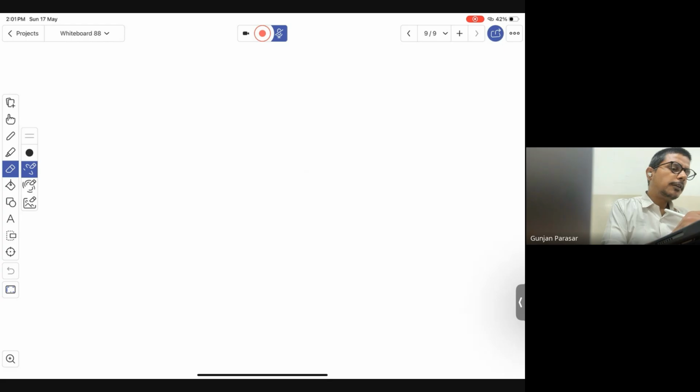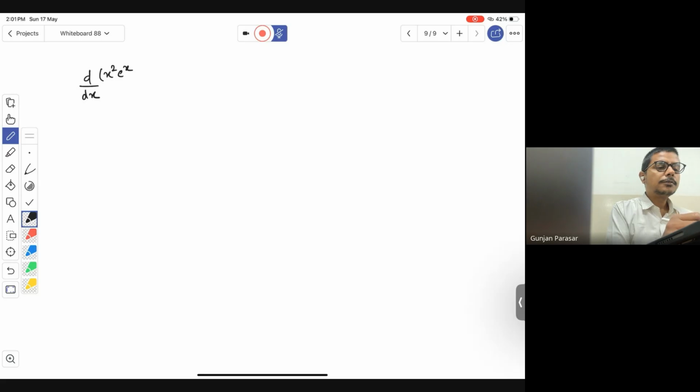So here I have to find the differentiation of x square into e power x into sin x, correct? So maybe I'll consider one function f of x, that is x square. Another function is g of x, which is e power x into sin x.